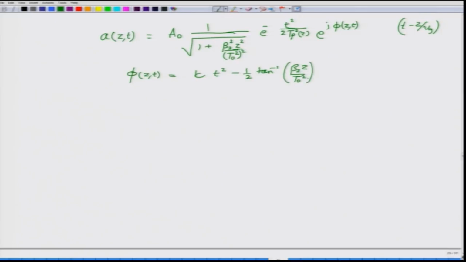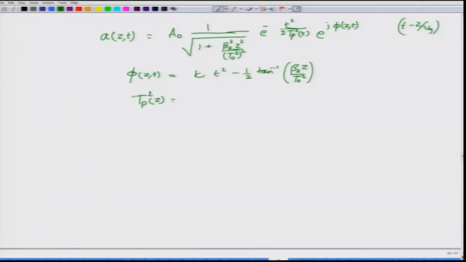Do not worry how you got these equations; you get them by fairly simple means of separating it out, writing a complex number in its magnitude and phase form. And this phi of z, t that I have written, where kappa is a constant, is dependent on the time variable by a t square term. So, it is a quadratic dependence on time, minus half tan inverse of beta 2 z by t 0 square.